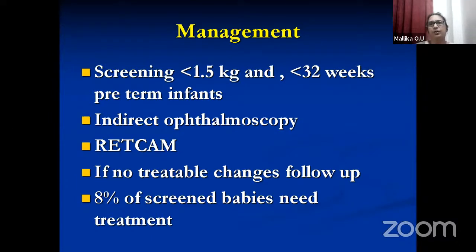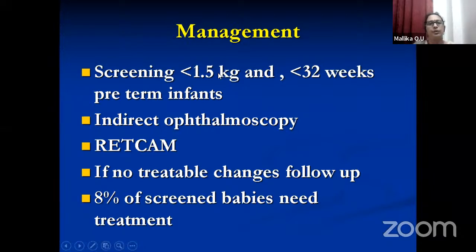So if you have attended the OP, on Mondays and Saturdays we are conducting a retinopathy of prematurity clinic. That is, the babies are sent from our pediatrics department and also from outside hospitals to screen and detect any retinopathy of prematurity.